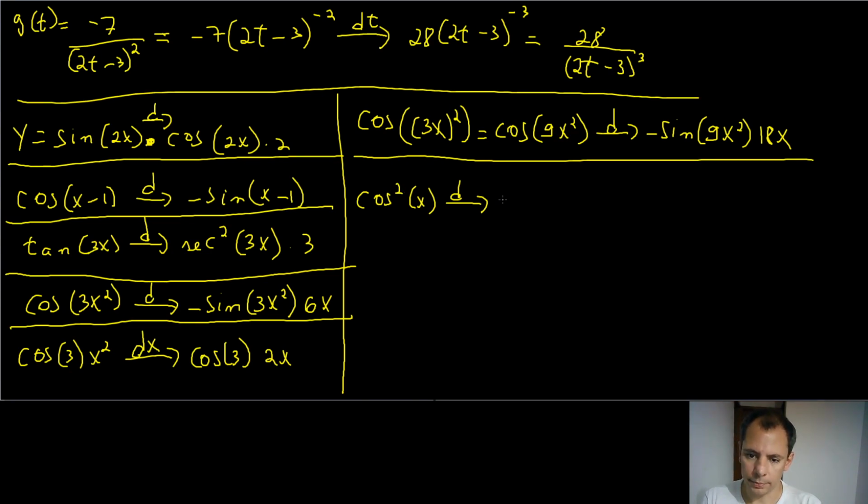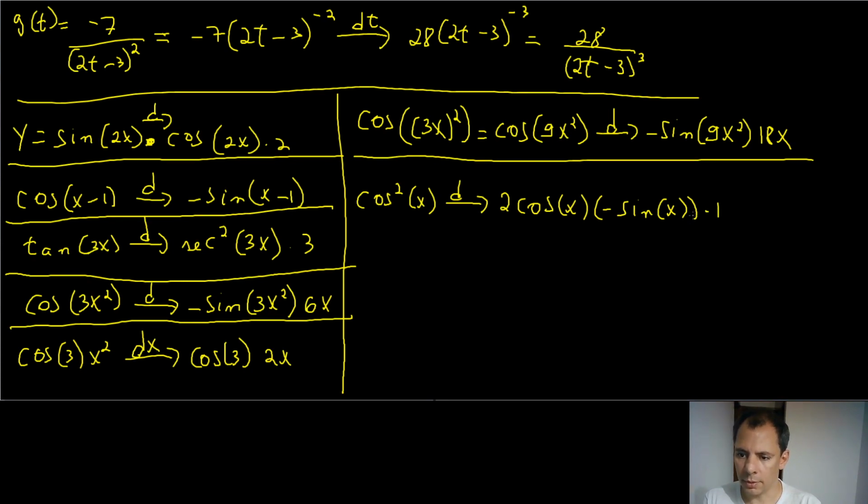It's going to be 2 cosine of x. I differentiated the outer function. Now I'm going to differentiate the middle function, which is the cosine of x. So times minus sine of x times the derivative of the inner function, which is just x, which is just 1. So times 1. And there you go.